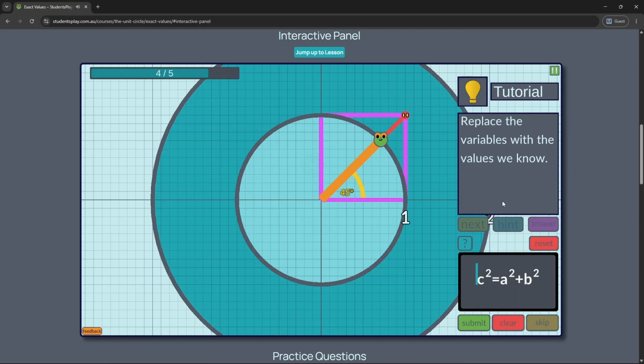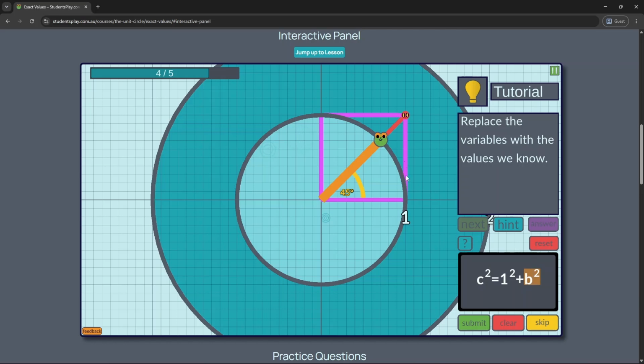Replace the variables with the values we know. Right, so this would be the hypotenuse, but we don't know what the hypotenuse is, that's what we're trying to find. Okay, so what about the other 2 sides? Well, this one is just going to be 1, so we can change that. And then what about B, the other side? That'll be up here. What's that one going to be?